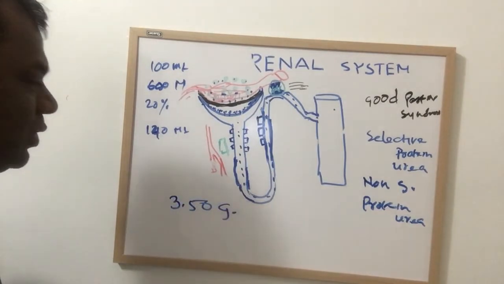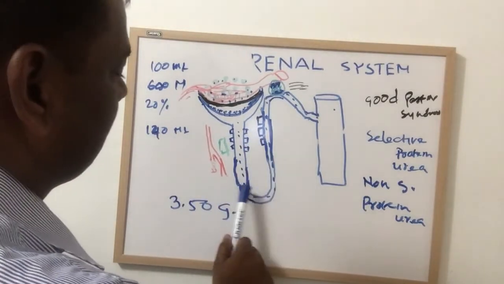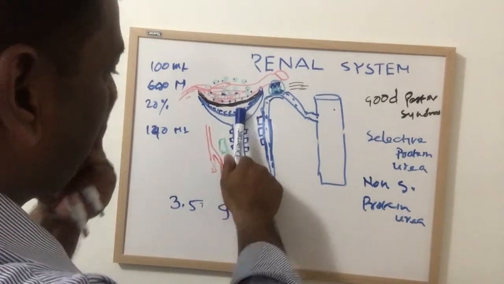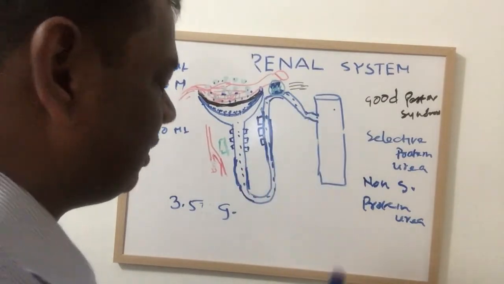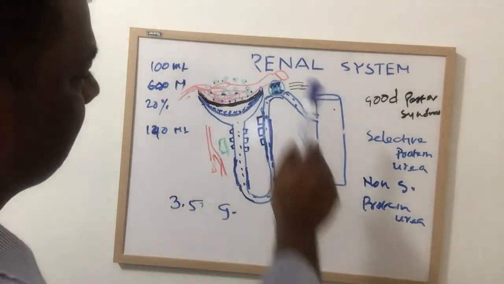If 3.5 grams of protein can leak into the filtration system and come into the urine, then our liver starts secreting more protein.